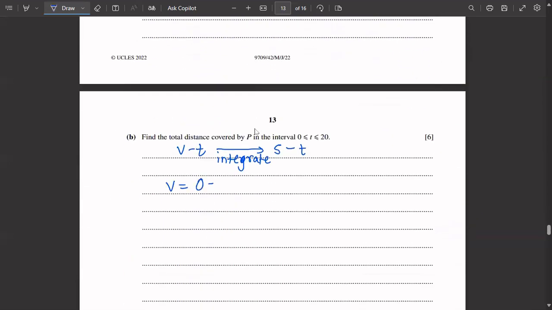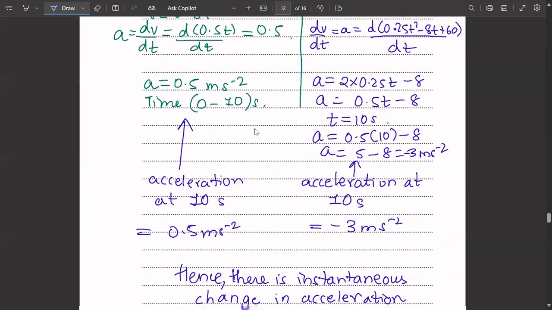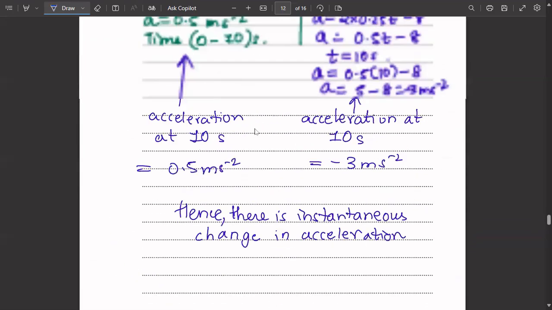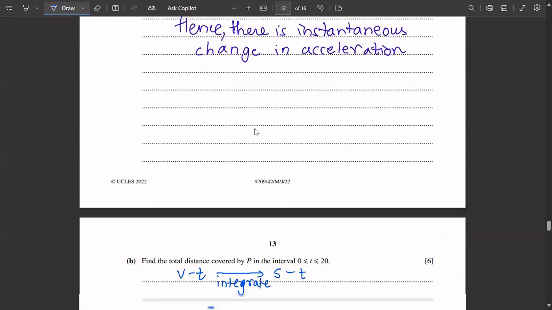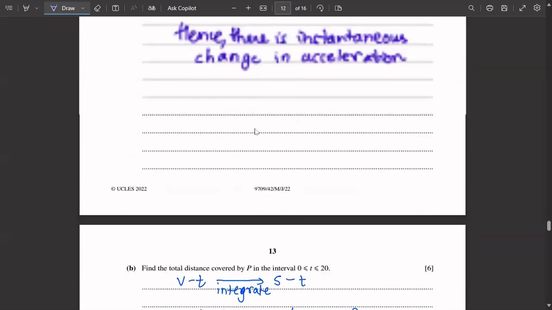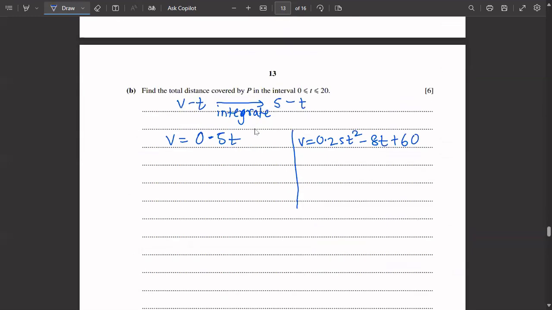V is equal to 0.5t. And for the other one, the V will be 0.25t square minus 8t plus 60. Is it 60? Yeah. So let us integrate this.